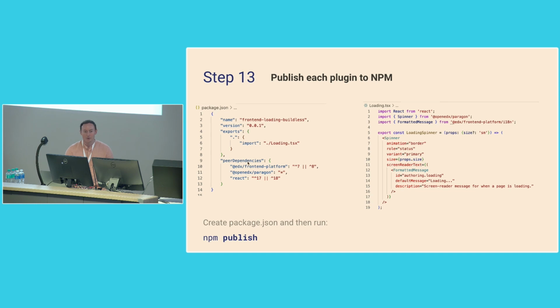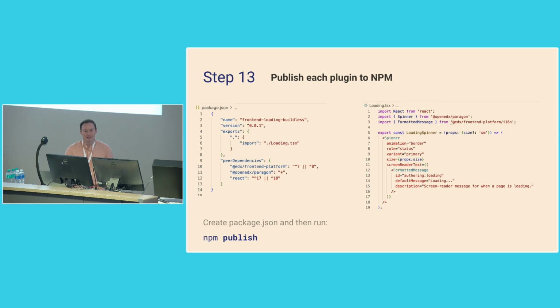And if you want to specify some dependencies for your plugin, you can. I recommend not specifying any dependencies that are already specified by the MFE, because there's no point in doing that, and it's just going to create conflicts that you needlessly have to update in future versions. But if you're, say, using Paragon components and you really want to be future-proof, you can say, like, this works with this range of Paragon versions or something.